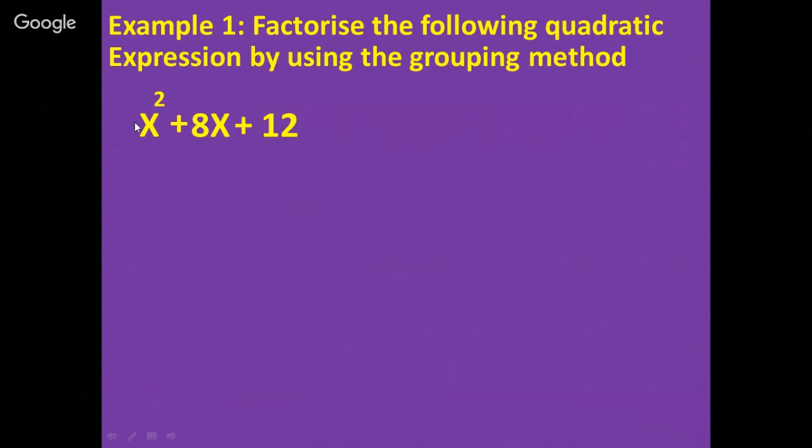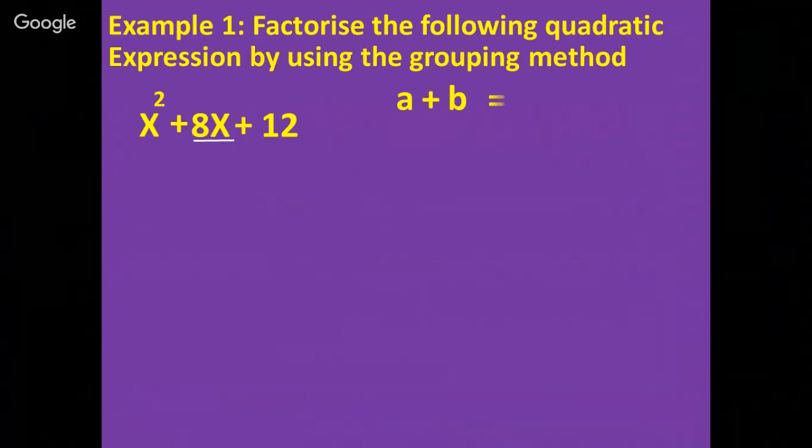So the product of those two numbers must be equal to 1 multiplied by the constant term. So let us say those two numbers are a and b.